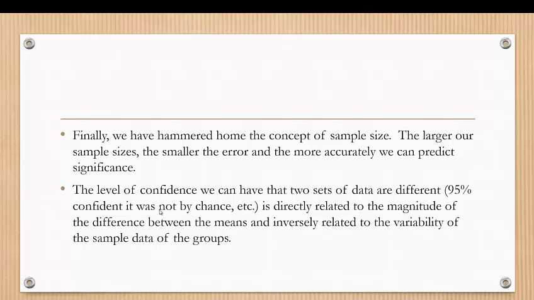The level of confidence we can have that two sets of data are different, 95% confidence it was not by chance, etc., is directly related to the magnitude of the difference between the means and inversely related to the variability of the sample data of the groups. In other words, the greater the difference between the means and the smaller the variability, the more likely that we're going to see there's a significant difference.